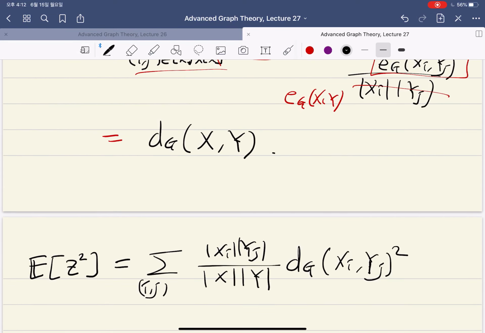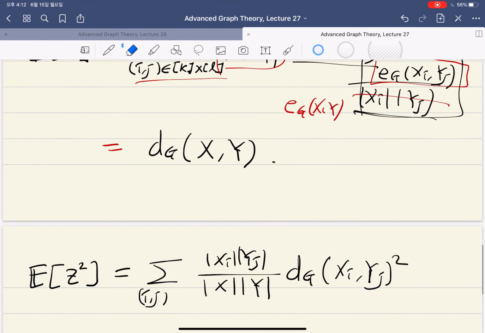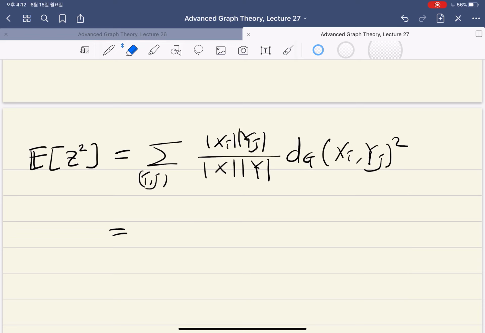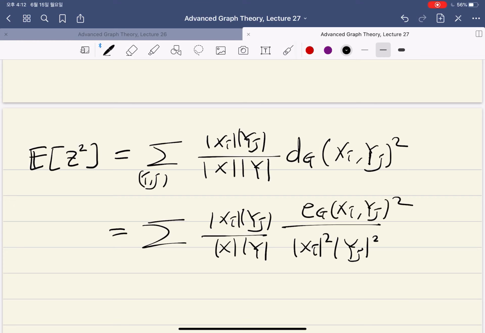Then again, by the same computation, you just plug this in, and here |Xi|^2 |Yj|^2 times the number of edges between Xi and Yj, squared. Then what you know is, give me a moment.